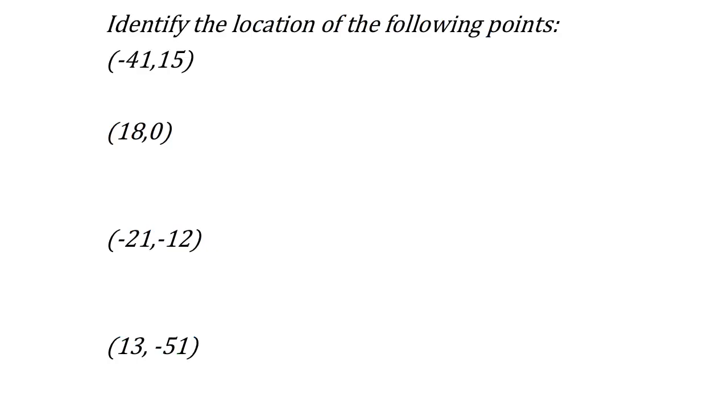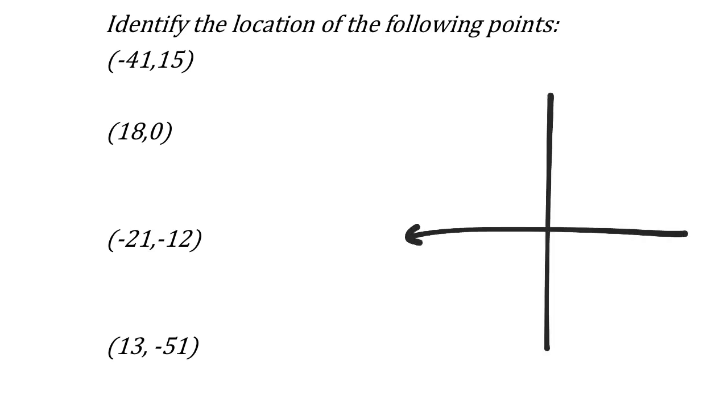All right, for these ones, we'll identify the location of these ordered pairs. Just as a quick review of what we saw a couple slides ago, we have a vertical number line and a horizontal number line. The vertical number line is called the y-axis.